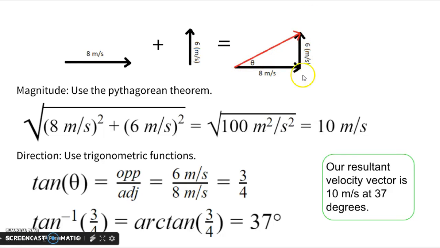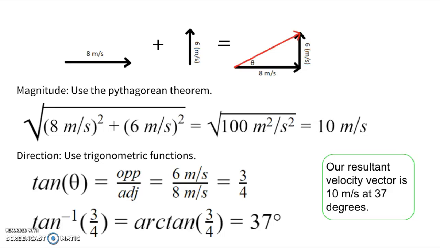So we take our 6 meters per second, divide it by our 8 meters per second, and that leaves us with 3/4. The meters per second cancel out, which is good, because that's necessary for a ratio, in this case for a trigonometric function. To find the angle, we take the inverse tangent, or the arctangent, which is the same thing. The arctangent of 3/4 gives a value of about 37 degrees.